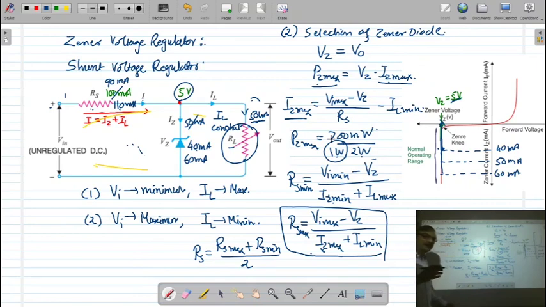So a higher power dissipation Zener diode we can use, but we cannot use a Zener diode with lesser power dissipation. Okay? So when you design the circuit, you should know the value of Rs, you should know what will be the Vz and what is the Pz maximum.